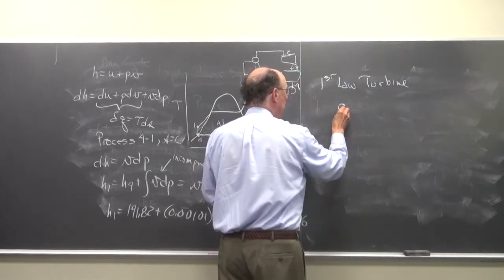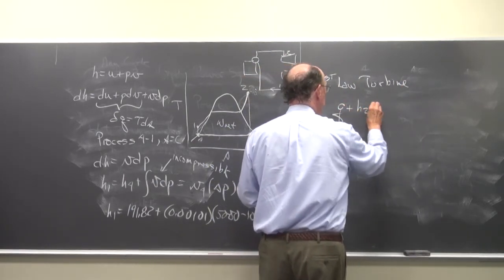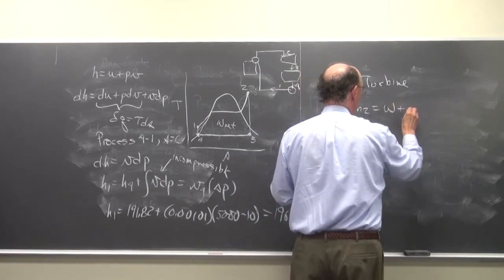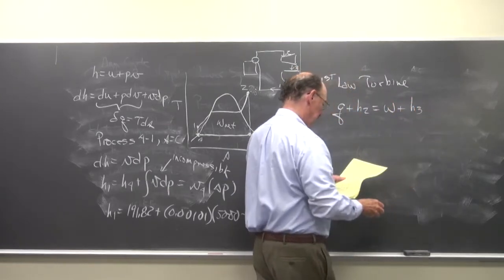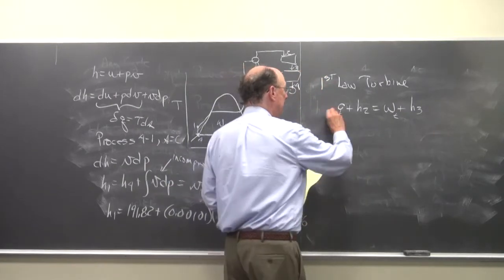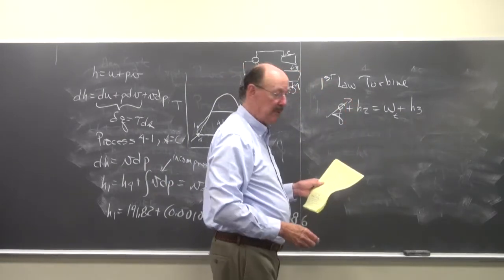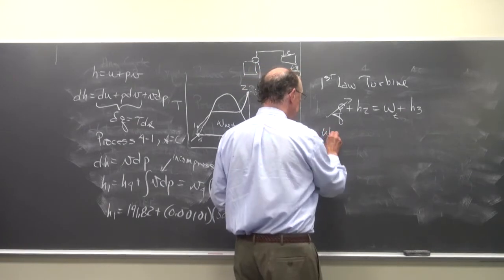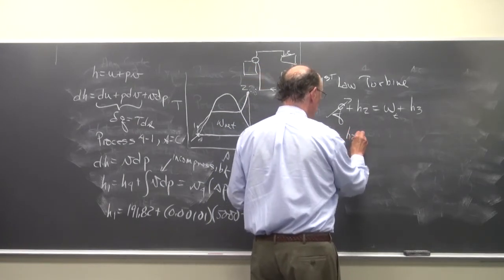So we have Q plus H2 is equal to W plus H3. The process is reversible adiabatic, so we get rid of that. And so WT is equal to H2 minus H3.